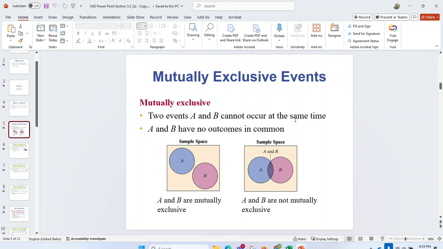But if I ask how many male students are in the class and how many nursing students are in the class, if I count all the male students and also all the nursing students, we also have male nursing students in the class, right? In my statistics class, I always have a male and also nursing student.